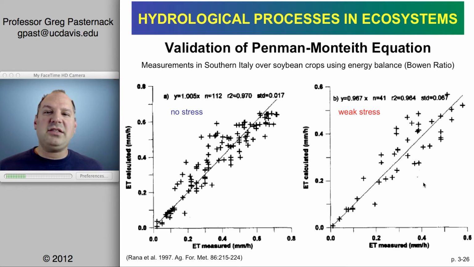You have a big tower set up over the canopy and you measure the fluxes of water vapor and heat at 2 different elevations, as I said last time in part 1, and you can estimate the evaporation with the Bowen ratio. And so this shows on the x-axis the measured flux and on the y-axis calculated in two different conditions with no stress or weak stress, and you can see that there is a pretty good relationship between the two, although there is also quite a bit of scatter.